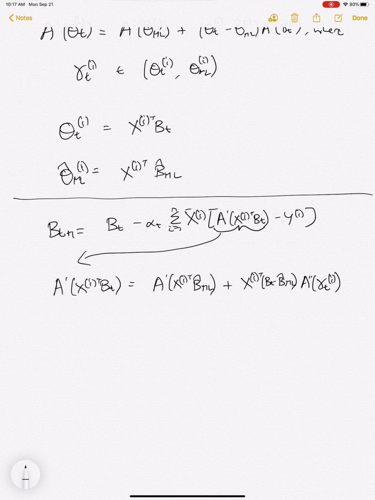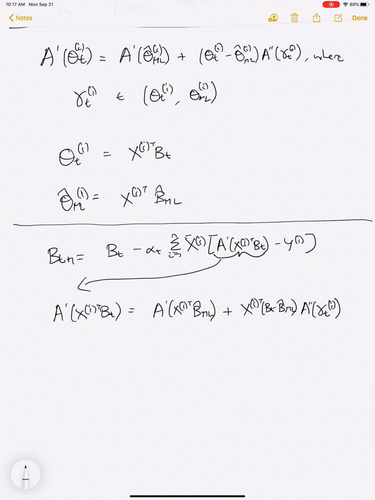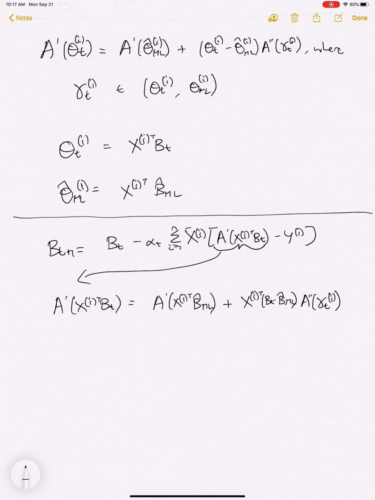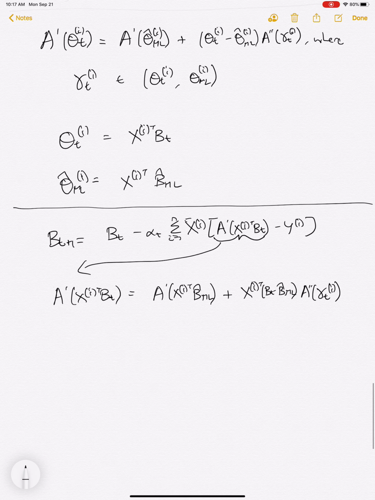Okay, so we're not going to really worry too much about what this gamma t is here. It's just some number between theta t i and theta hat ml i. We're going to see later that, in some sense, it doesn't really matter what that is as long as it falls within a certain range. Okay, and so when we expand that out, it's going to begin by looking more complicated, but then we'll see that we'll get some nice cancellations.